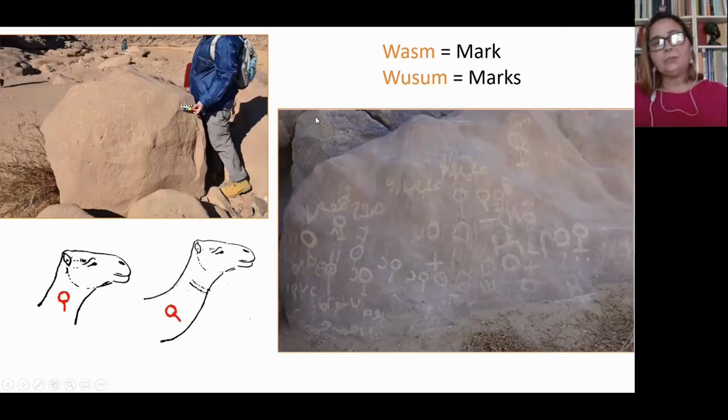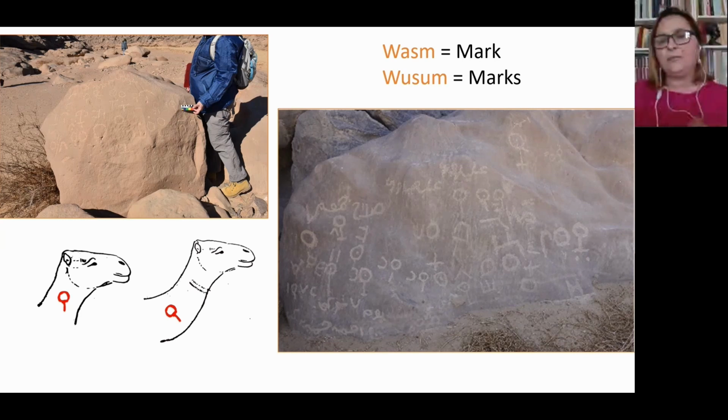Quite common here too are the so-called wusum, or marks. These are cattle or tribal marks that you can find in this wadi everywhere. But the closer you go to the Nile, the less you find, and then they tend to disappear along the river.